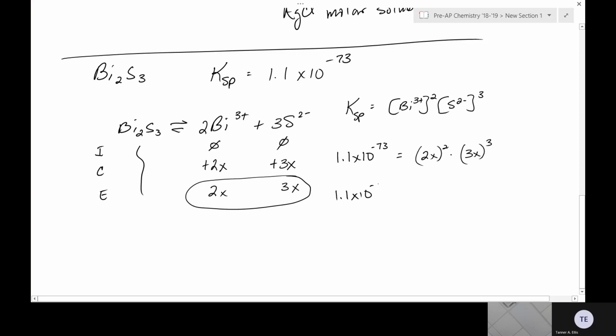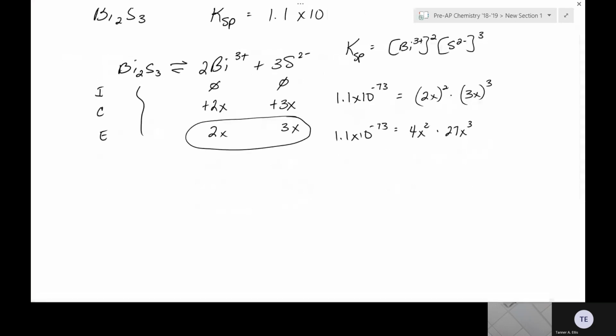Okay. So 1.1 times 10 to the negative 73rd is equal to 4x squared times 27x cubed. 1.1 times 10 to the negative 73rd is equal to 108 x to the 5th. Just 4 times 27. So then we're going to take 1.1 times 10 to the negative 73rd divided by 108.